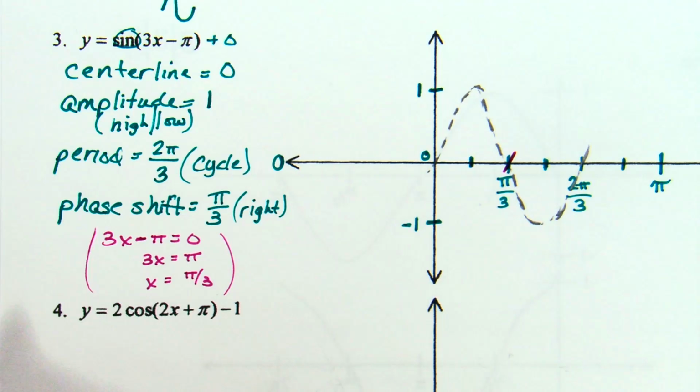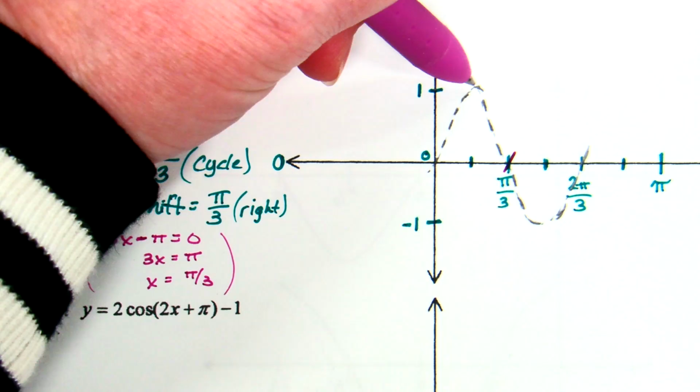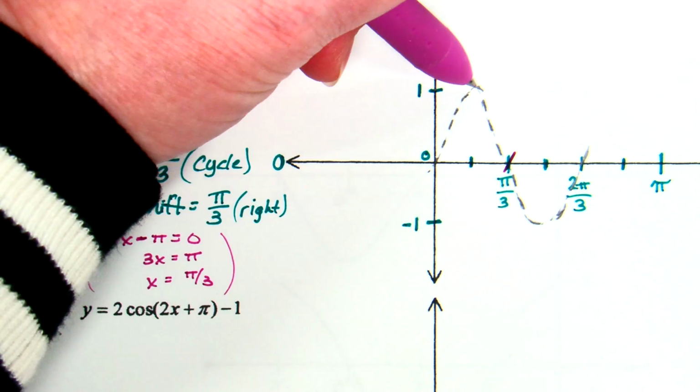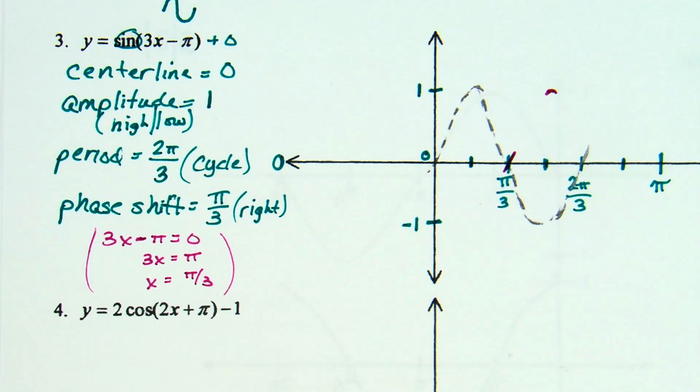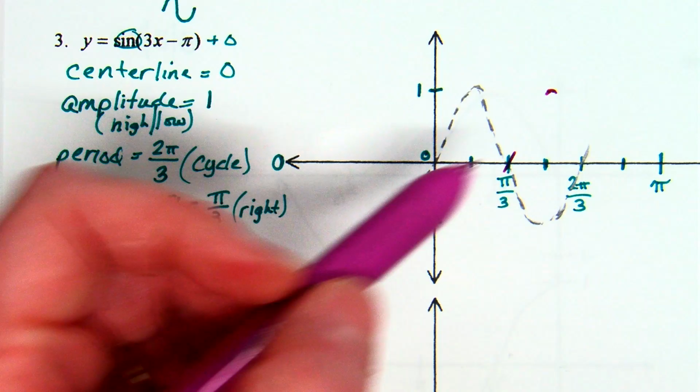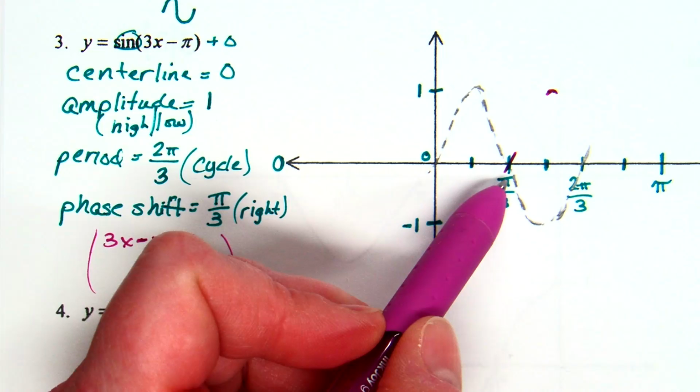Okay? I did have a max over the next middle mark. So now my max is going to be over the mark between pi over 3 and 2 pi over 3. We're going to keep going the whole thing. Originally my graph cut through at pi over 3.